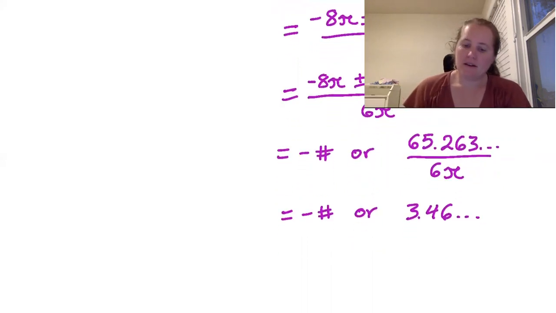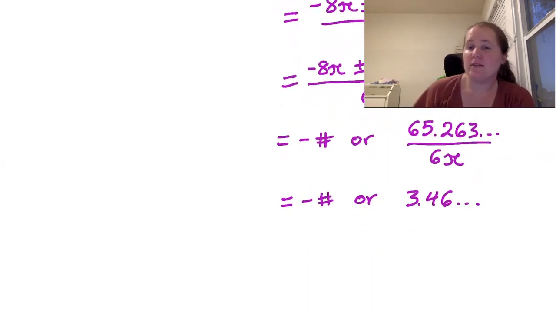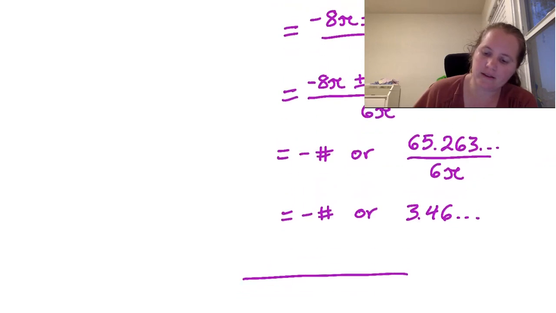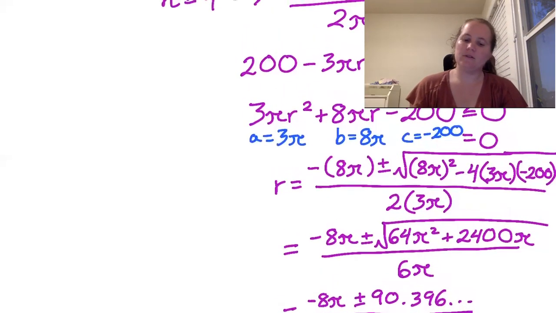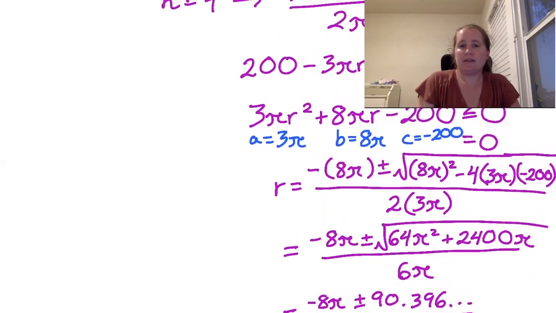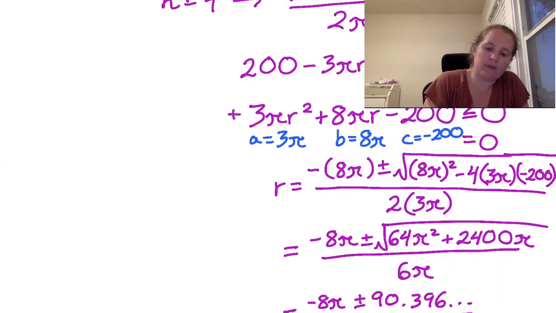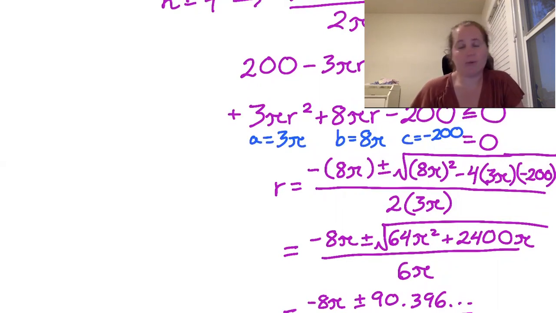So if you think about, we're looking for where the quadratic equation is less than or equal to 0. And it's equal to 0 at some negative number, whatever that is, and then again at 3.46. And then if we look at the original equation, 3 pi r squared has a positive 3 out front. And so quadratic parabolas open up if they're positive.